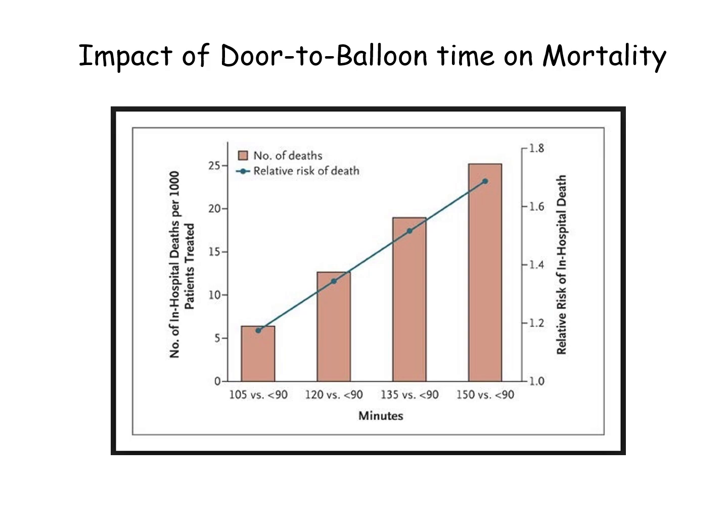The impact of the door-to-balloon time on mortality is shown on this slide, where you see a progressive increase in mortality if there is a delay in the door-to-balloon time. That's almost 3 times. So if you have a 150-minute door-to-balloon time, the mortality is almost 3 times than in patients who have a door-to-balloon time less than 90 minutes.